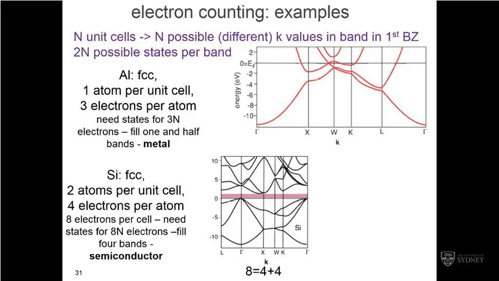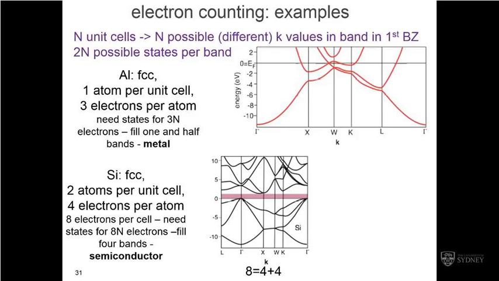But we know each band can only hold 2N electrons, which means we can completely fill 4 bands. Here's the first band with 2N electrons. The second band has another 2N electrons. This here is a degenerate band, so there are 2 bands here that can fill the other 4N electrons. And so that's perfectly filled, and so it can be a semiconductor. It doesn't have to be, but it can be.